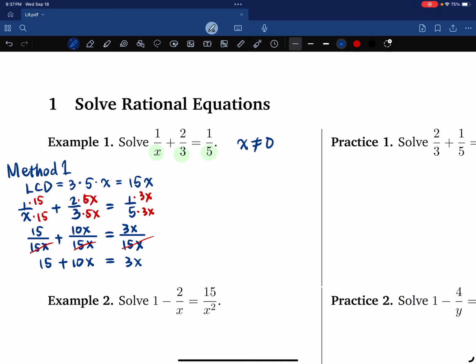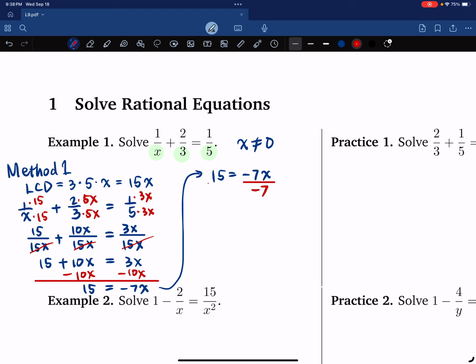We have x on both sides, so I'm going to subtract 10x to move my x to the right-hand side. You could also move 3x to the left. The left side will become 15, and the right-hand side will become negative 7x. And then we will divide both sides of this equation by negative 7, because that's the operation on the right-hand side, multiplied by negative 7.